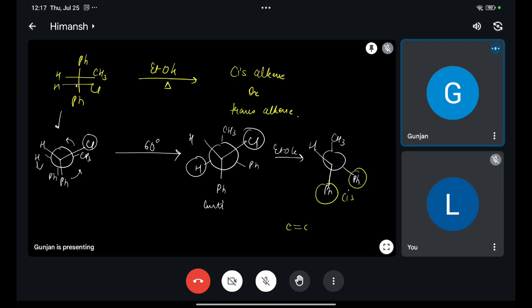That is the reason we can convert the formed alkene to be like this, with Ph on one side and CH3 and H on the other side. Got it or no? So this is the cis alkene which is formed by the elimination here, not the trans. Alright. Yes, ma'am.